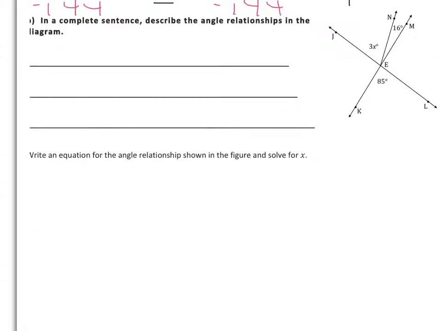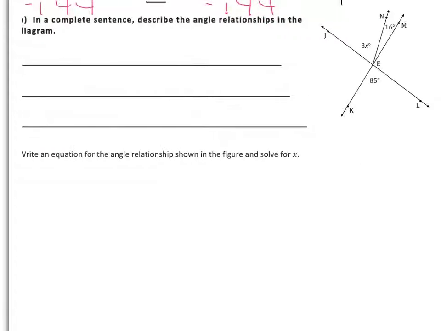So this next problem is asking us a few different things. It wants us to solve for x right here. And we need to write an equation from the angle relationships. Well, let's see what we have here.